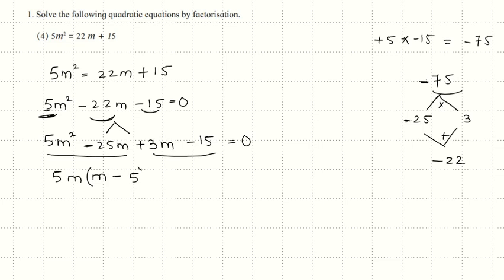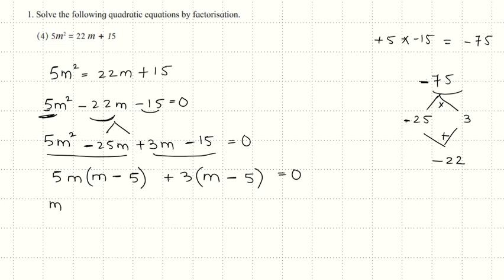As m is outside, we don't need to write it again. Take 3 as common here, plus 3, write m inside the bracket, plus 3 into m will give us 3m, plus into minus will give us minus here, and 3 into 5 will give us 15 is equal to 0.